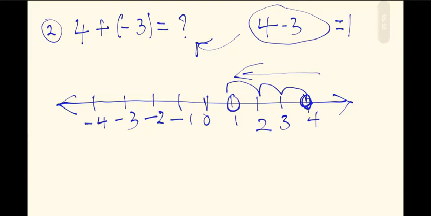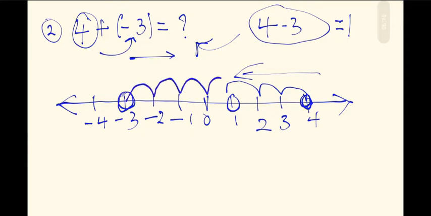Or we can select a number as -3 and then add 4. Add 4 to -3. So adding 4 to -3, we do the count. Because we are adding, we'll be moving to our right. 1, 2, 3.